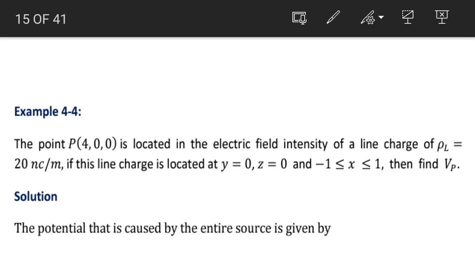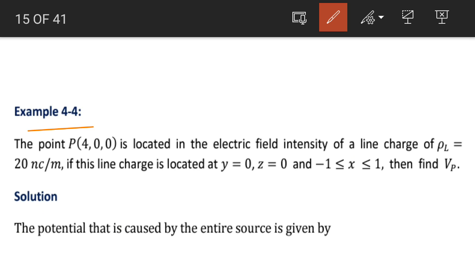Okay, we consider example number 4. There is an error in example number 4. You see, the point is (4, 0, 0). So don't consider this point (4, 0, 0).